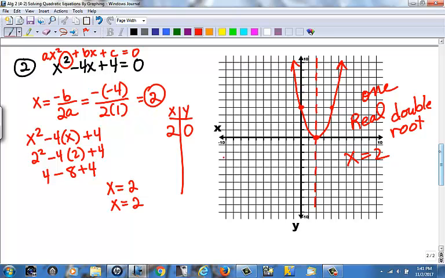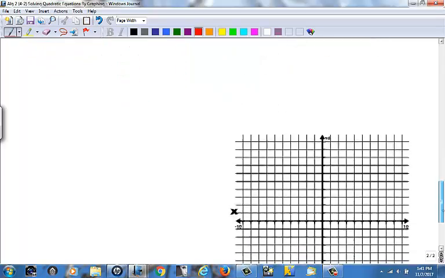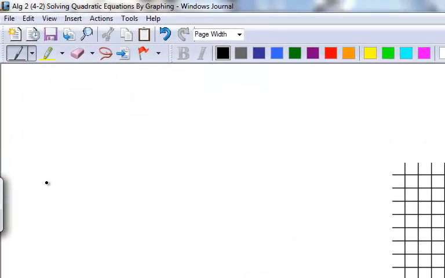So now we've had two different examples. Now let's do the third one. They're going to change the directions on this one a little bit.